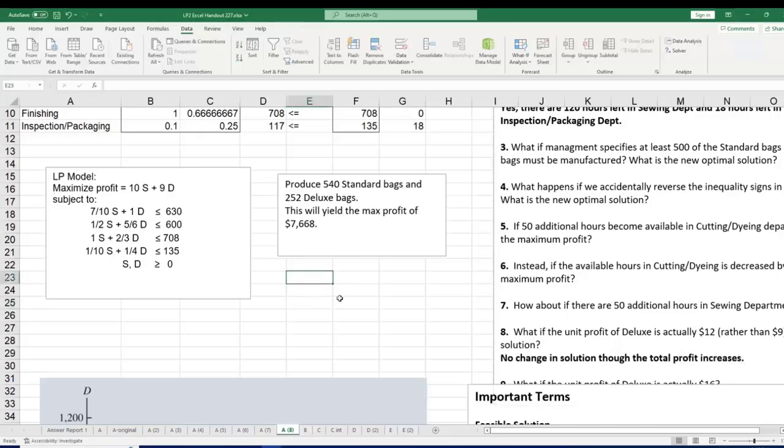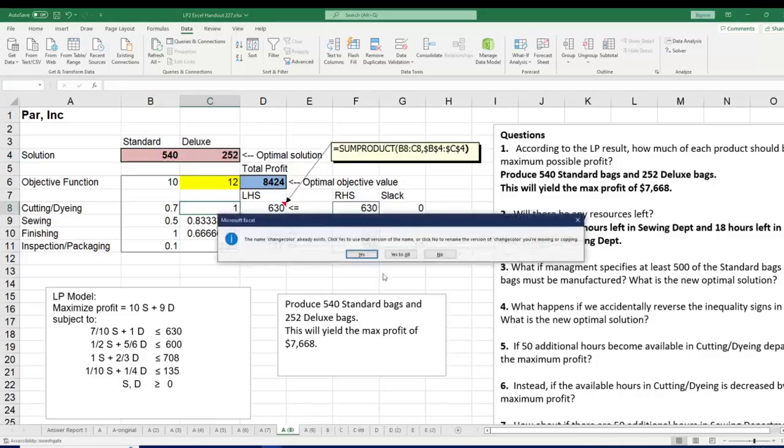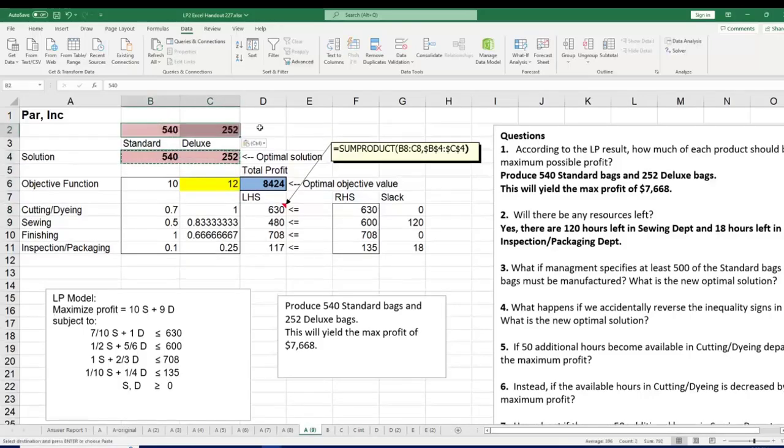Well, what will it take to change this solution? Let me make again a copy of this, and I'm going to try some different numbers. I'm going to put this over here. That's my old original solution. Then I'm going to try 13.